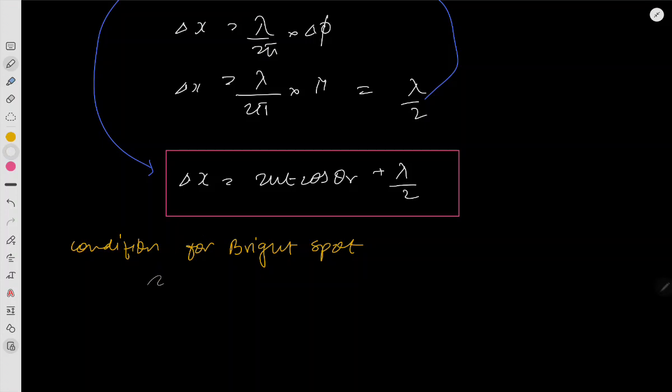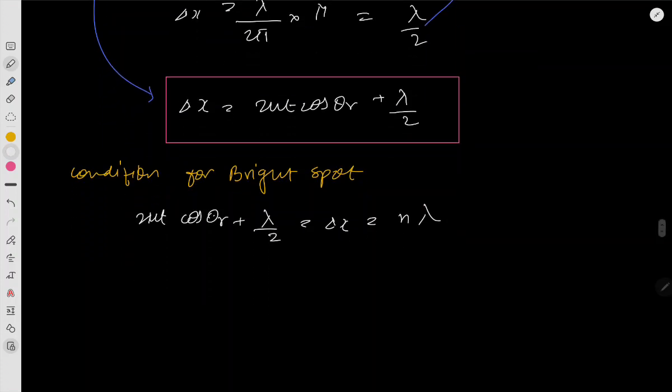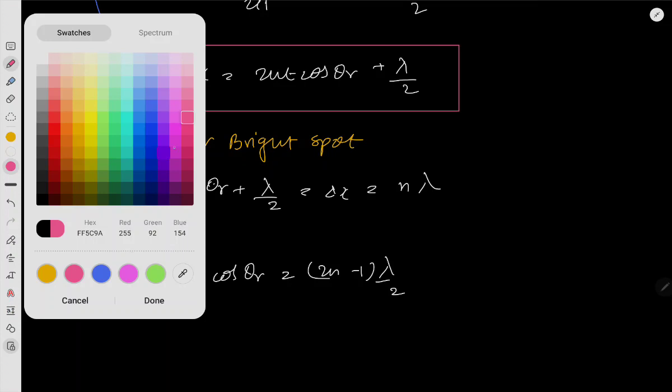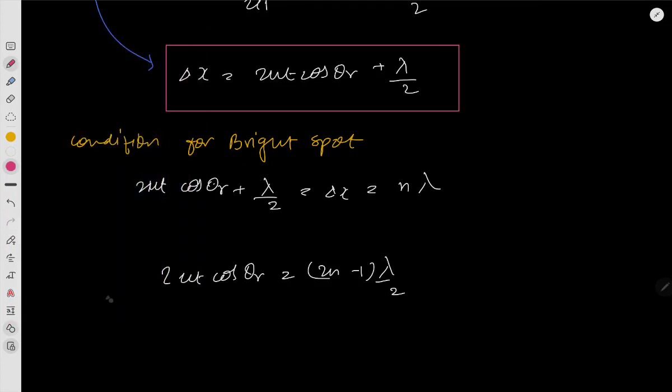So for maxima we write 2 mu t cos theta r plus lambda by 2, this is the path difference, equals to, for a bright spot, n lambda, and upon solving we get 2 mu t cos theta r equals to 2n minus 1 lambda by 2. This is a very interesting result, as it is exactly opposite of what we have seen in the YDSE experiment.